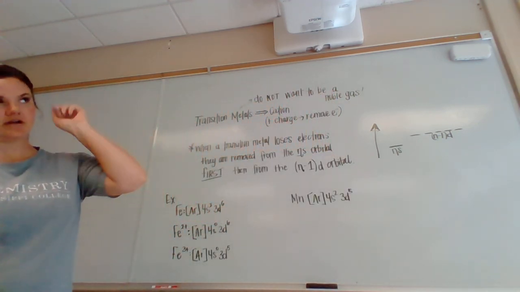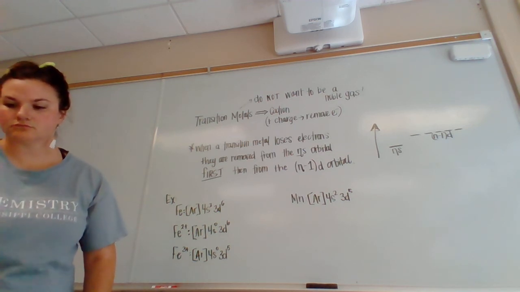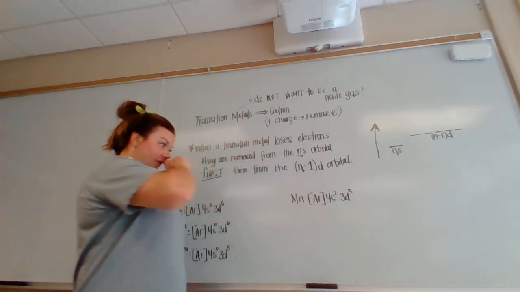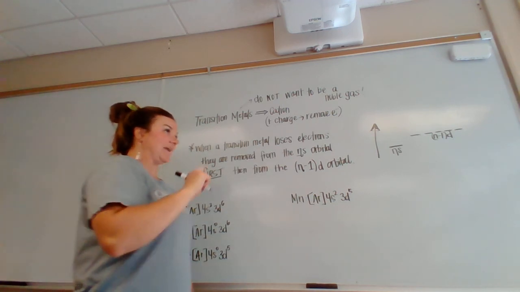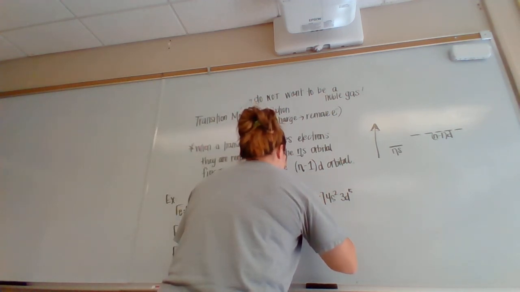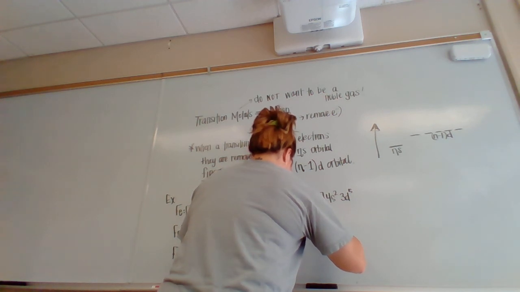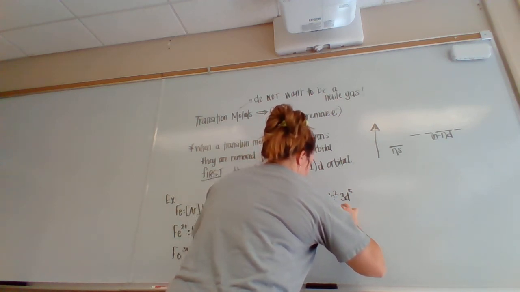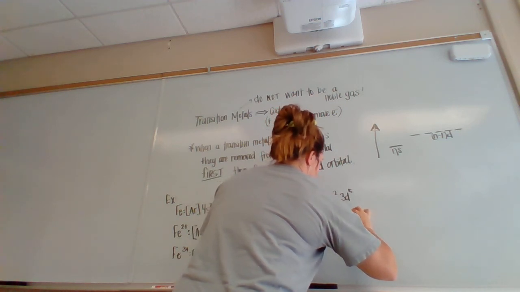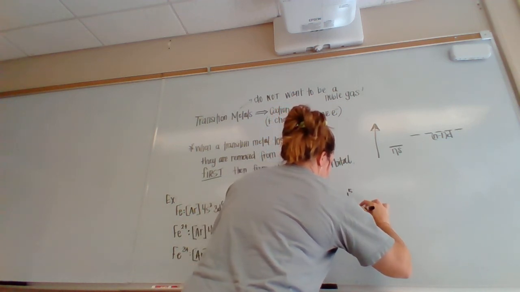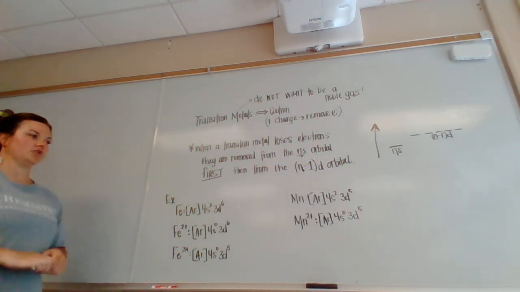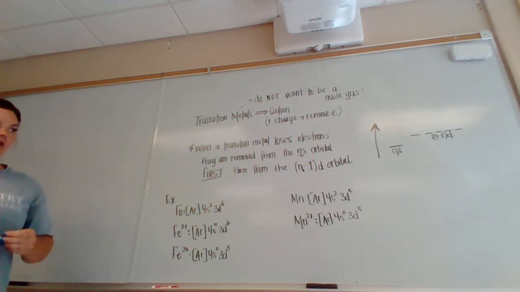That's my normal electron configuration for manganese. Manganese likes to form a 2+ cation, so it removes 2 electrons. That takes care of both my s electrons, and I don't have to go to the d's to remove anything. So it's 4s0.